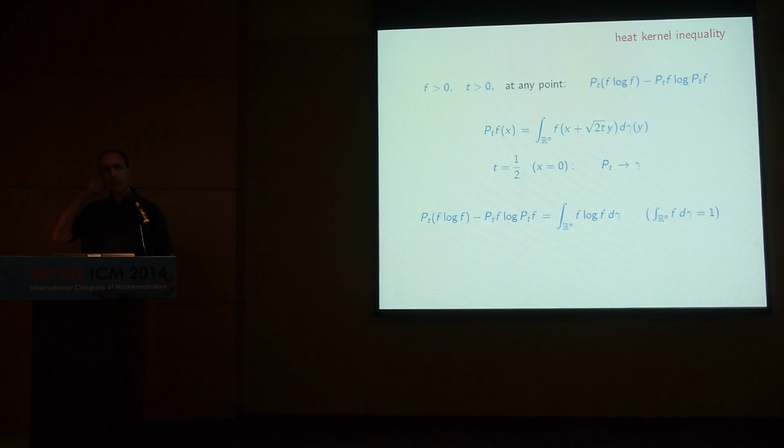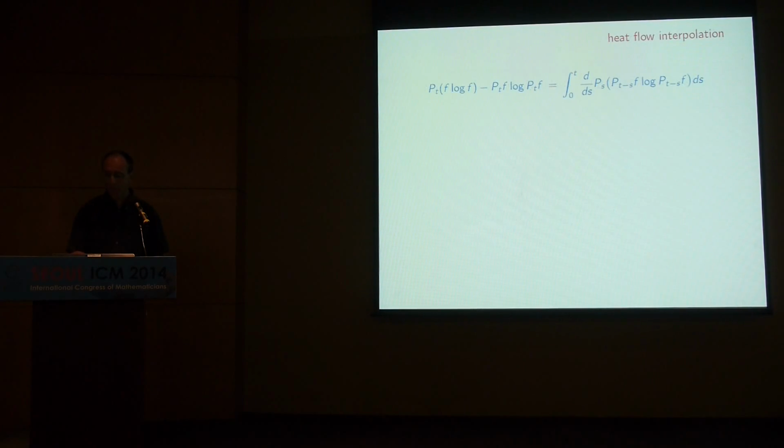Now, the starting point in a heat flow proof of the logarithmic Sobolev inequality is simply to consider this entropy along the semigroup and to interpolate it. And this is one basic instance of the so-called Duhamel formula. Namely, you simply write that this expression is the integral of its derivative, using in particular that P0 is the identity. So you get this representation.